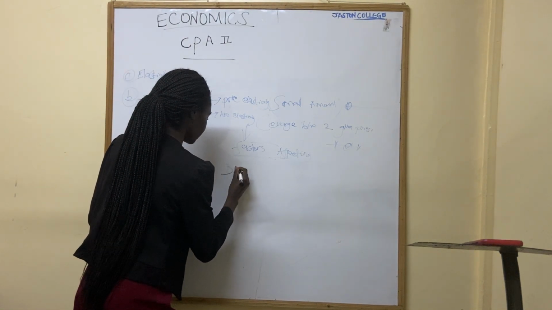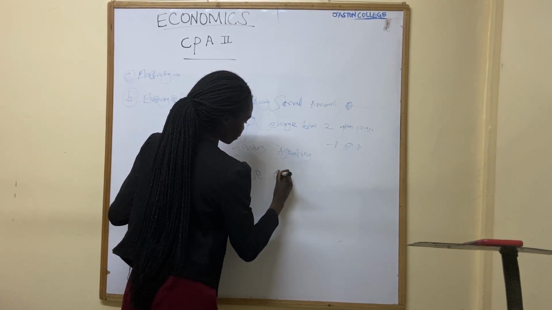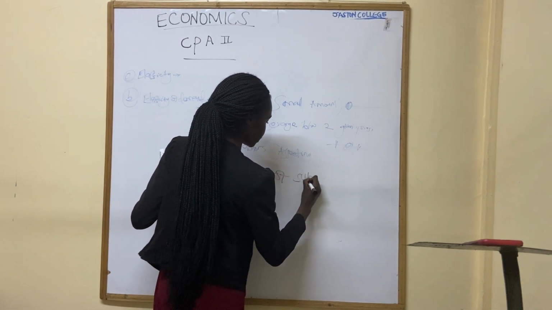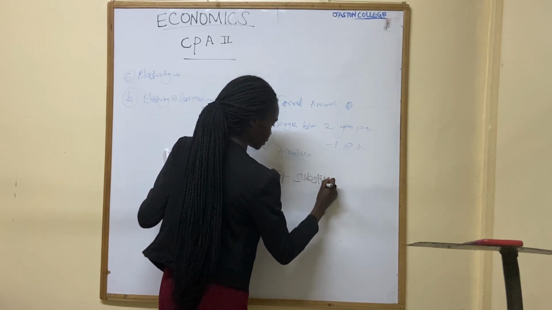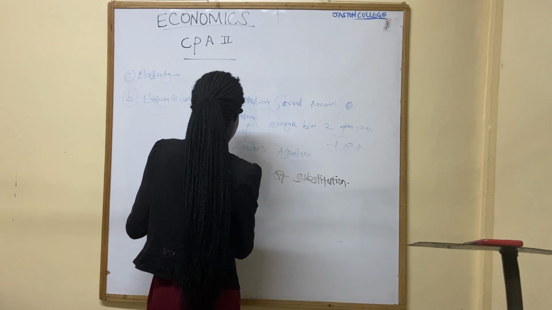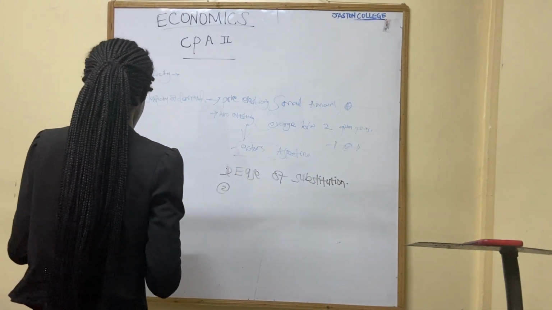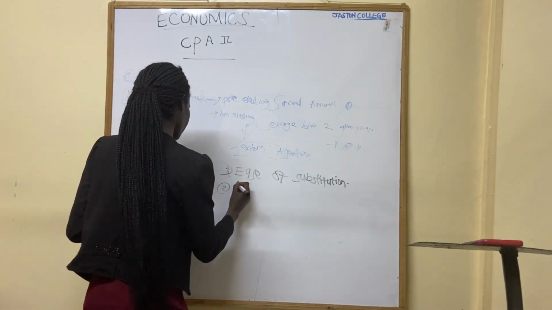The first one is... the second one is nature of a commodity.